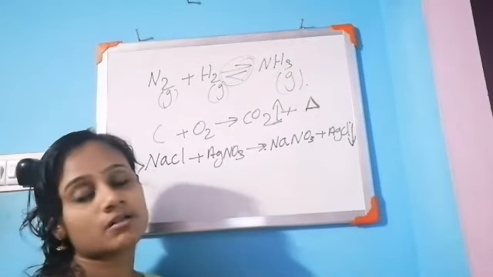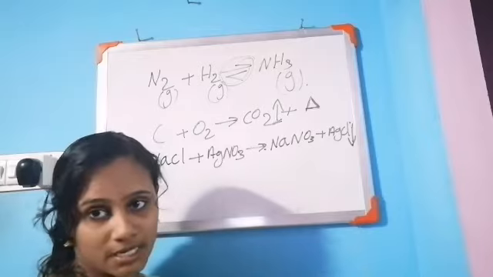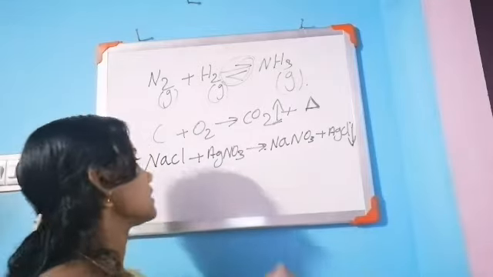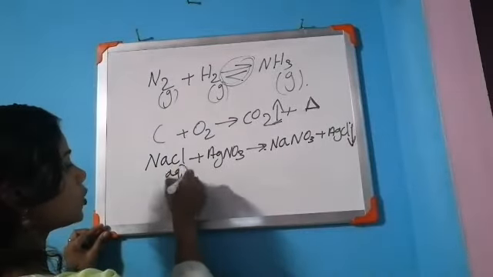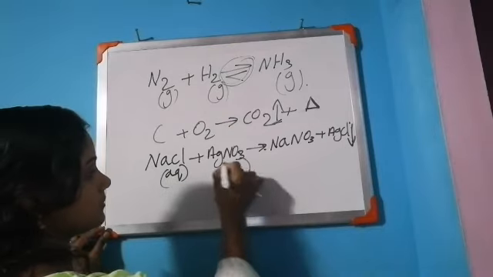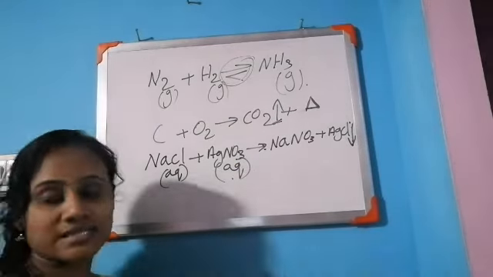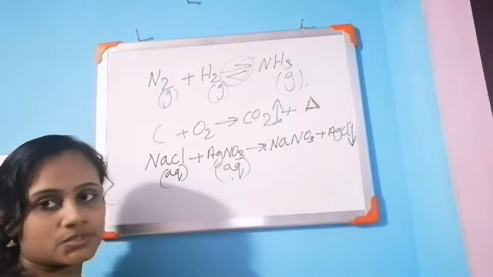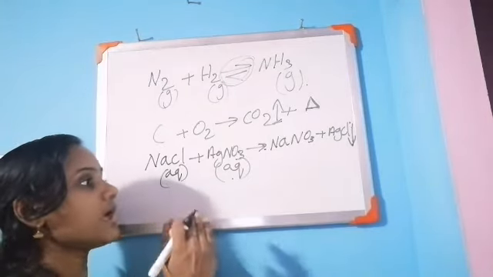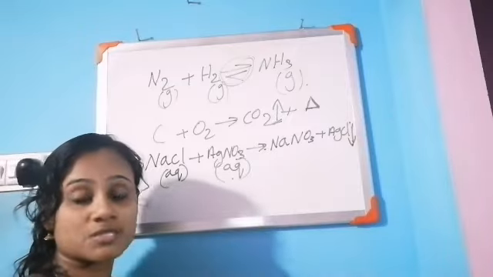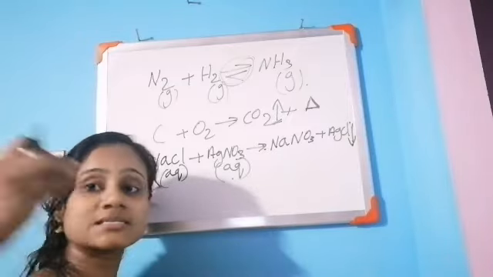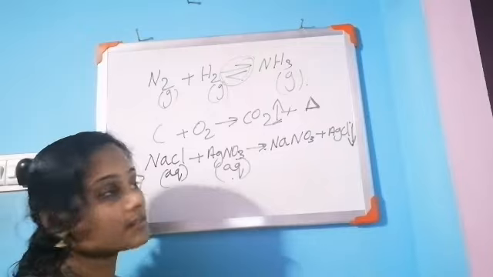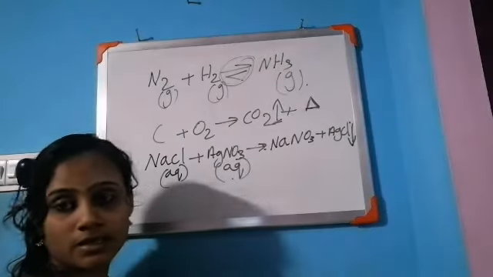That insoluble solid is called a precipitate. Here this aq means aqueous solution. Sodium chloride is taken in aqueous form, and silver nitrate is also taken in aqueous form. After the reaction we get an insoluble solid, that is AgCl, which settles down in the solution. That is the downward arrow. Okay, clear.